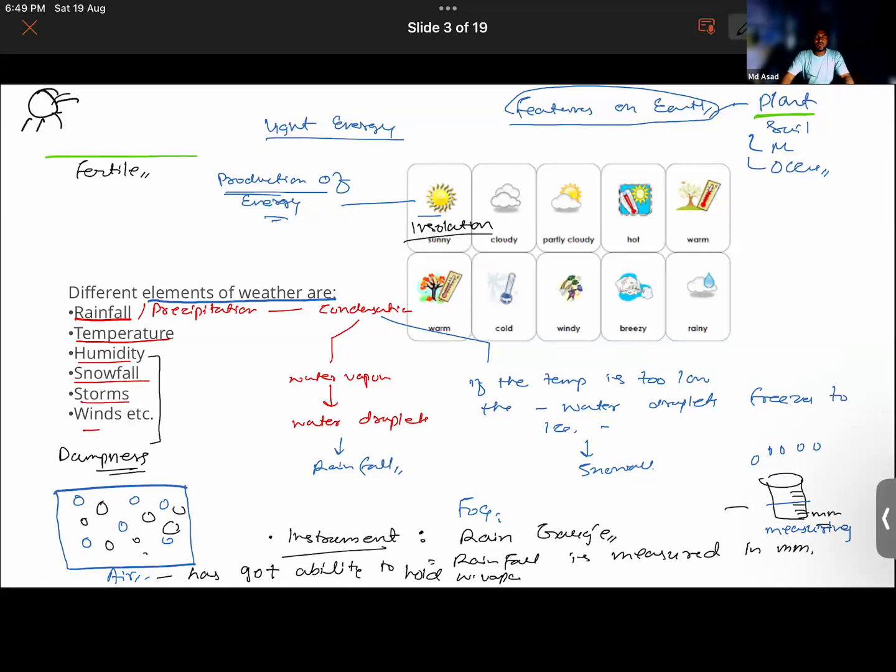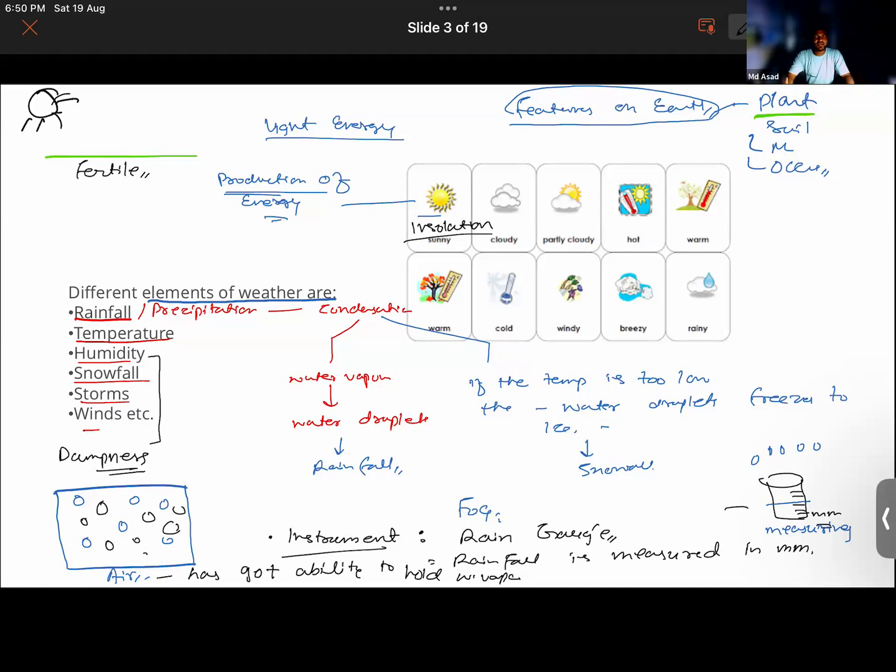So how does the ability of air to hold water vapor change?